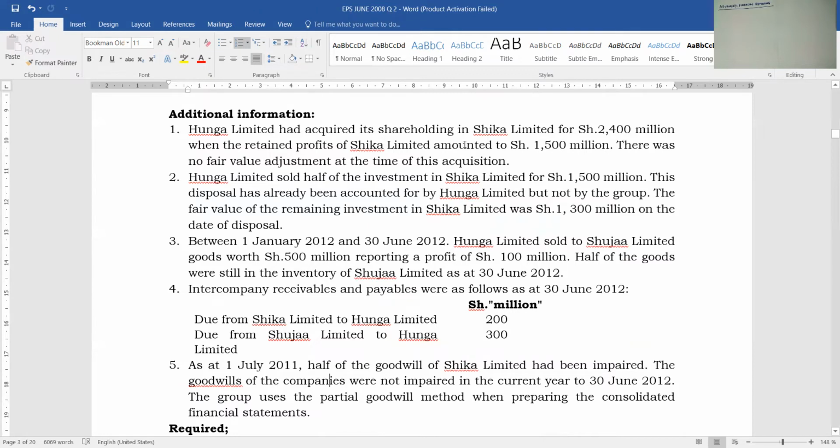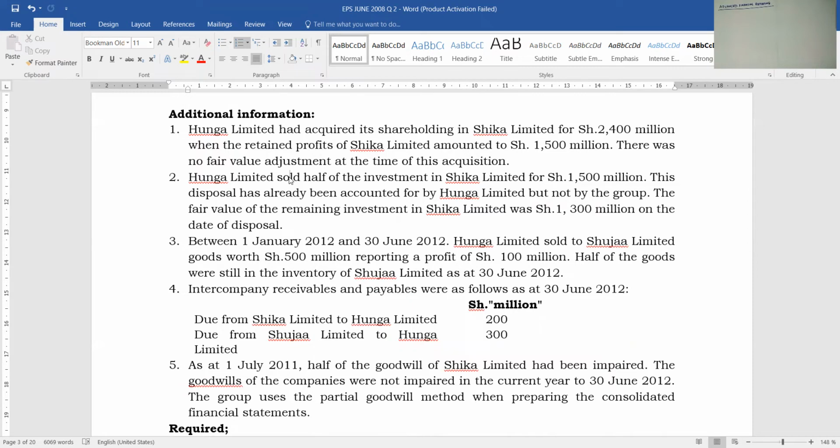So you can see that you are told that when Hunga acquired Shika, he paid 2.4 million. But as at that time, when Shika was acquired, retained earnings was 1.5. Then there was no fair value adjustment at the time of this acquisition. That is fine.